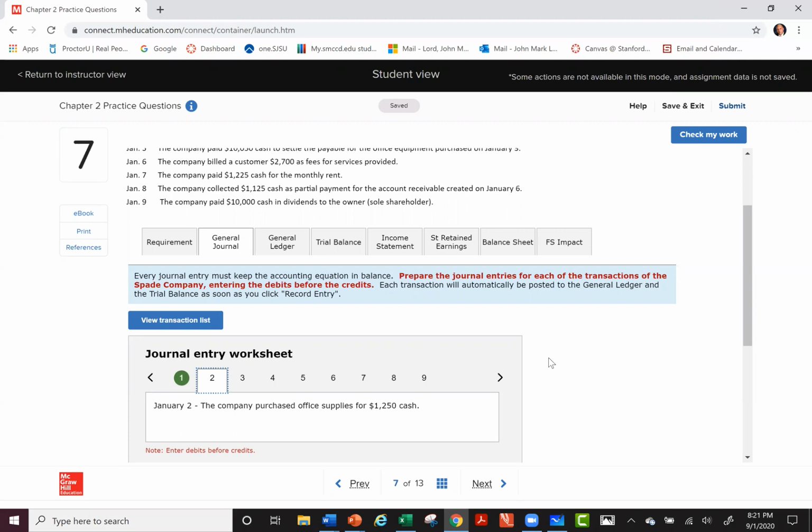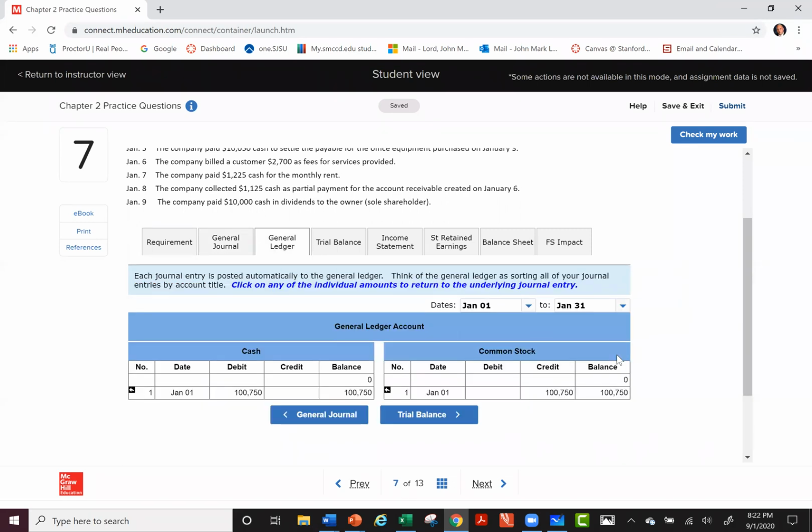You should see cash and common stock, a debit for cash and a credit. You should see a ledger, they call that a ledger card, for cash and one for common stock. Yes, it is asset, it is stockholders equity, but I talk about accounts. I don't make debits to categories of accounts. I make debits and credits to what? Accounts. There it is. See how easy that was? I didn't have to post it over here and all that.